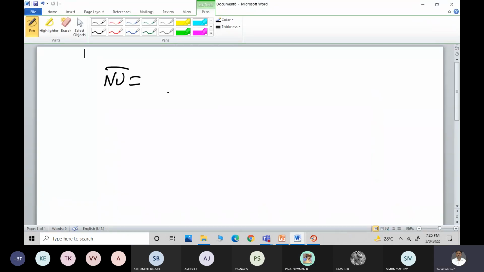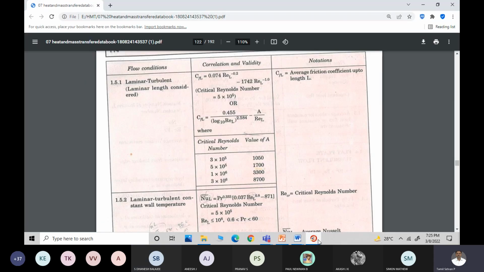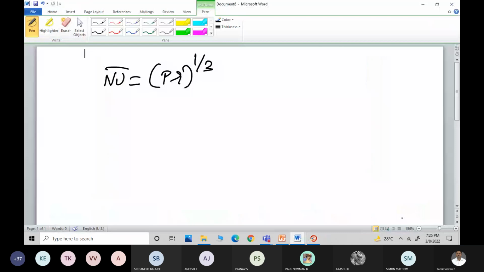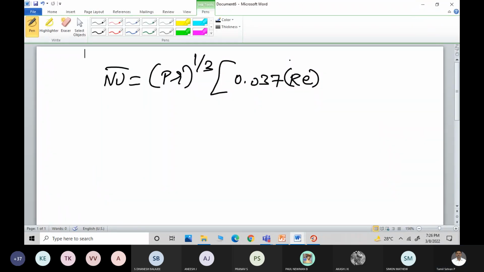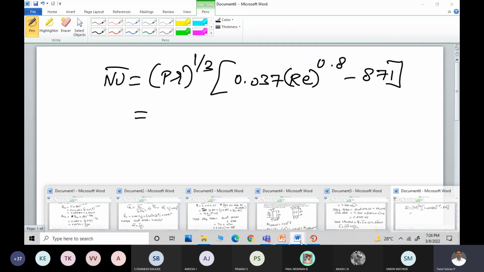Nu bar equals Prandtl number to the power 0.33, 1 by 3, into 0.037 Reynolds number to the power 0.8 minus 871. Please tell me the formula. Okay.